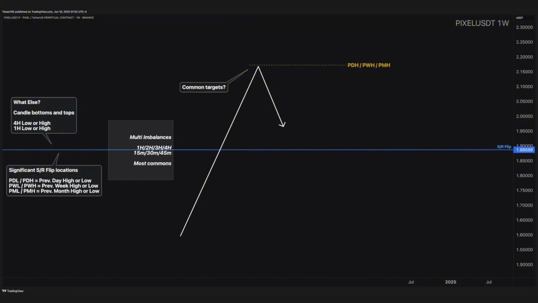For example, I like institutional targets, such as previous day, week, and month high locations. For micro scalpers, the high of the 4-hour candle can also be a great target. Furthermore, if I see any kind of equal highs, it will give me extra confidence in my targets.